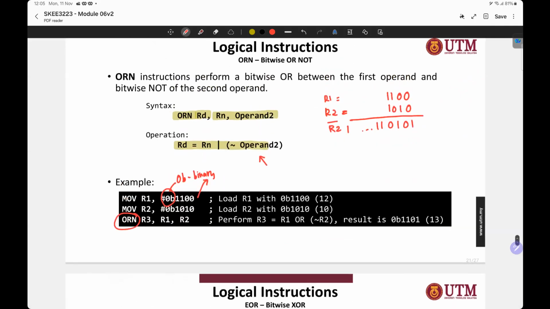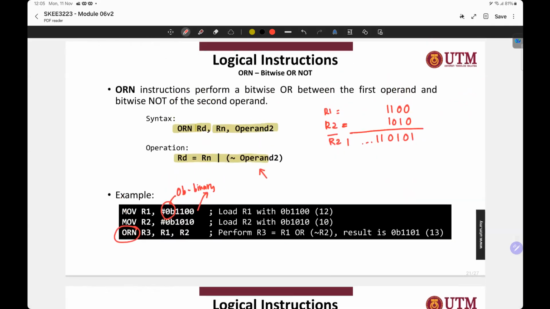Okay, and then after that you do a logical OR with your R1. So this is R1, and this is inverse R2. Here is 0 0, and this is 1 1 0 0. You do a logical OR, so you will get 1 0 1 1 1 1 until 1.